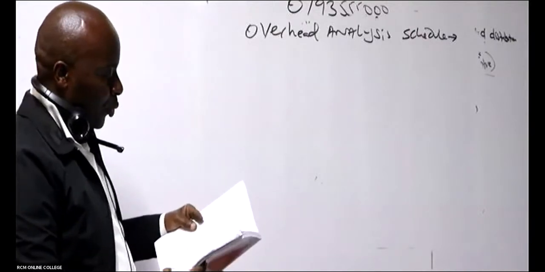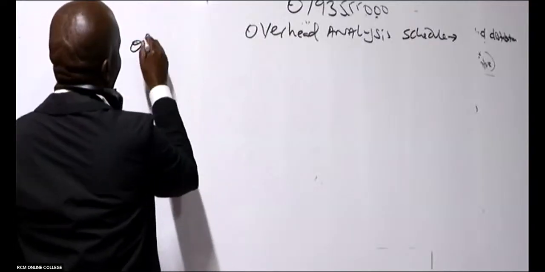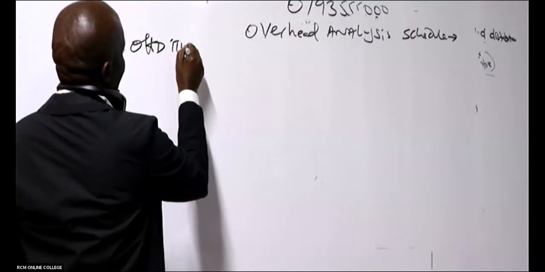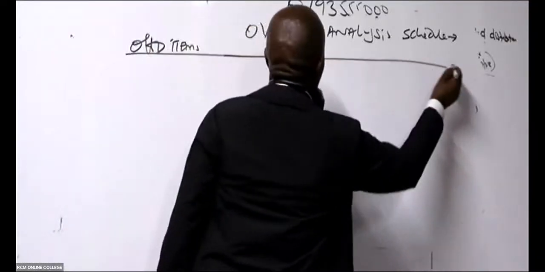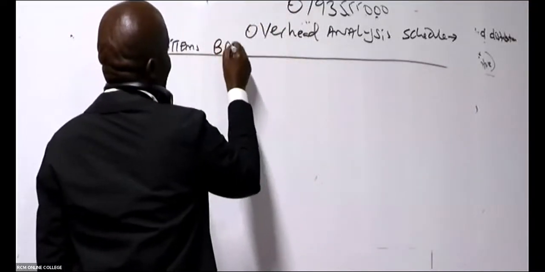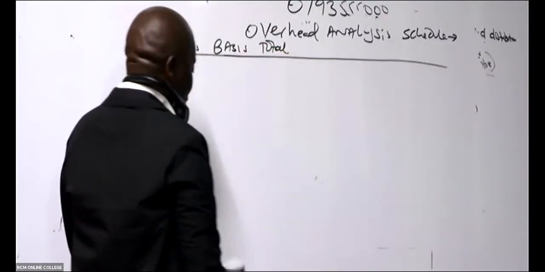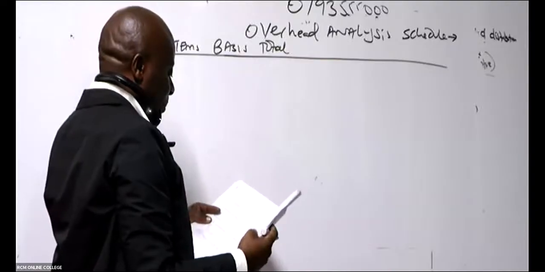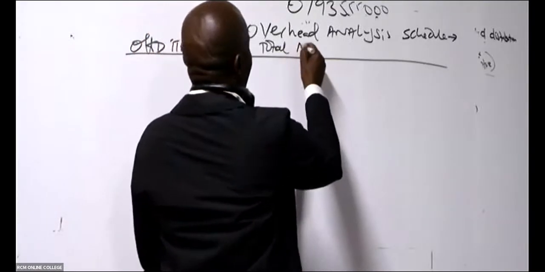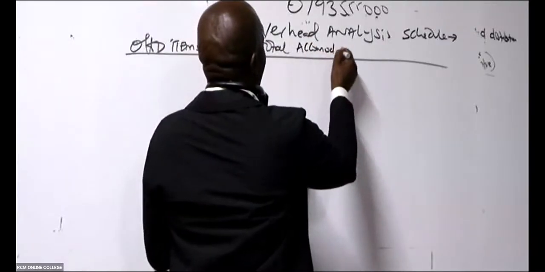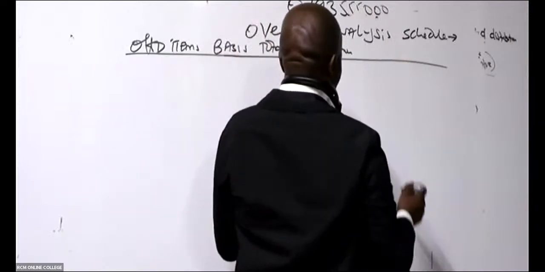So what we shall do here, we shall have overhead items. We can introduce a column where we capture the basis and then total. And then we have all our departments. We have a department called accommodation. Then we have kitchen.